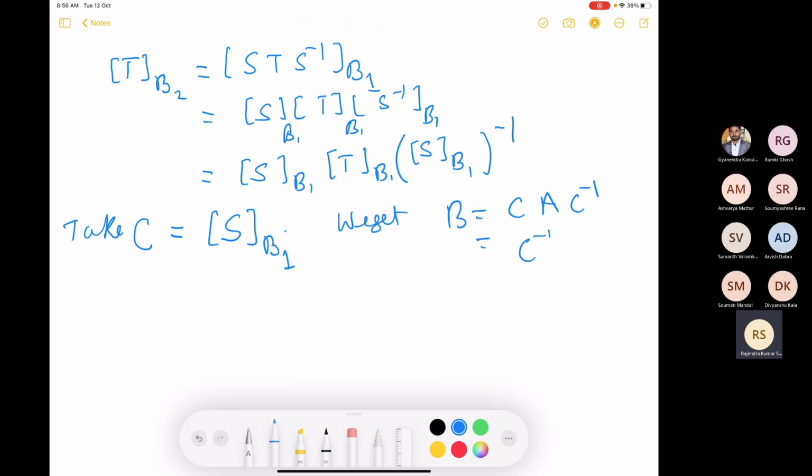This is also the same as C inverse A C inverse. If you replace and take its inverse, this will also go away, so this will be simply C. So this is P inverse A P, where P will be C inverse.